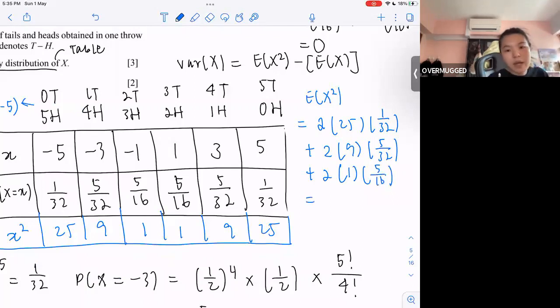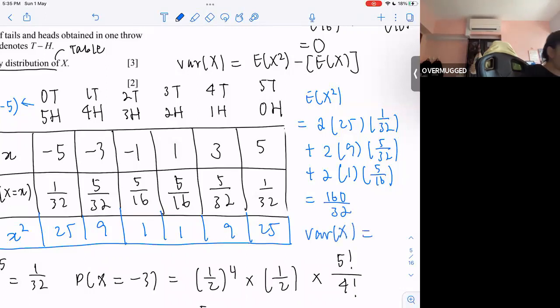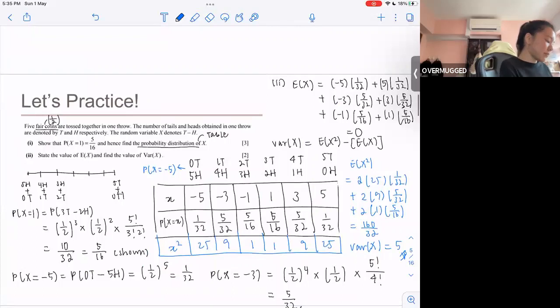So your E of x squared, when you tabulate, will be 160 out of 32, meaning that your variance of x is also going to be 160 out of 32, which is actually 5. And that is your final answer.